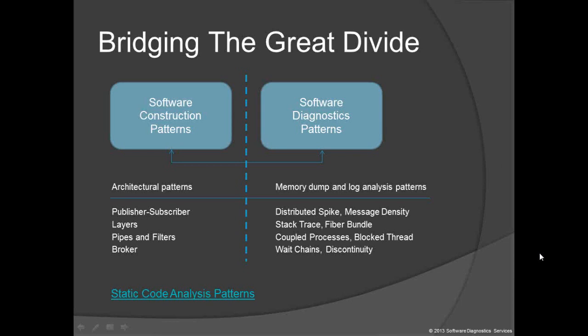We can also map design and implementation patterns and idioms to patterns of software behavior and the other way around. One example of implementation mapping is static code analysis patterns, and I put a link on this slide.